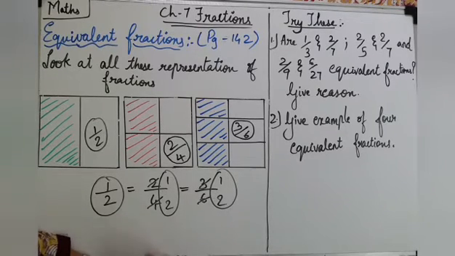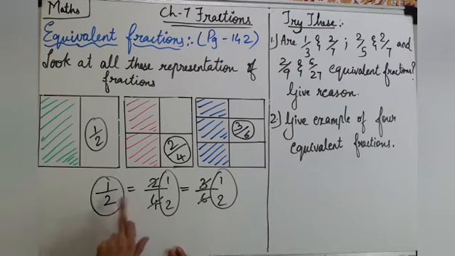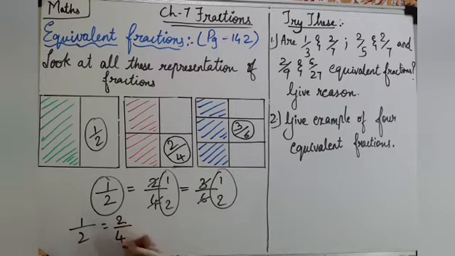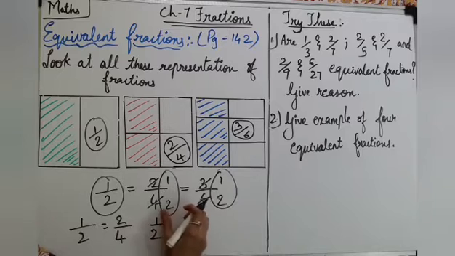But let us see how we get 1 upon 2 equals to 2 upon 4. So 1 upon 2, if we multiply by 2 and here also 2.